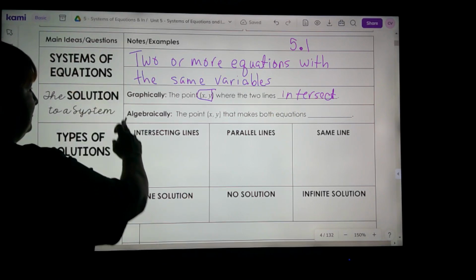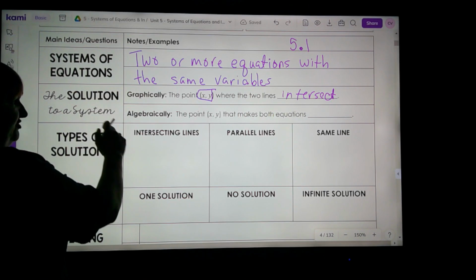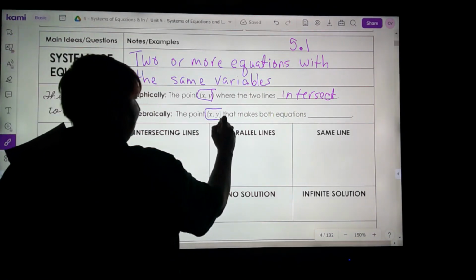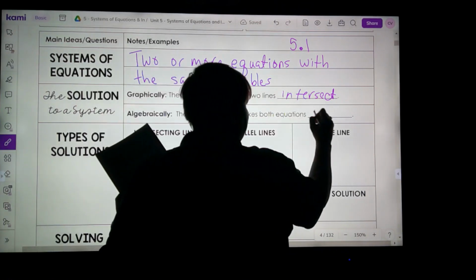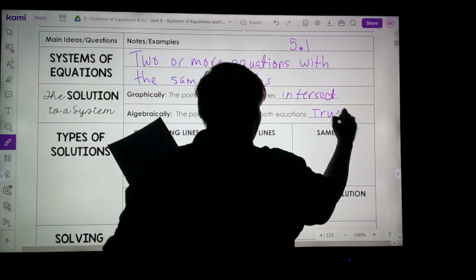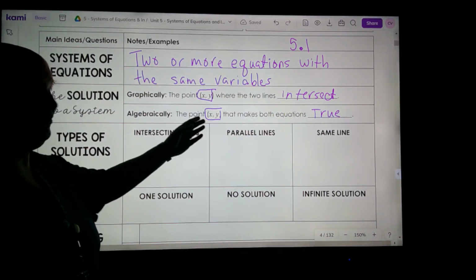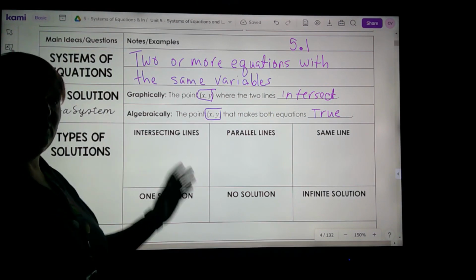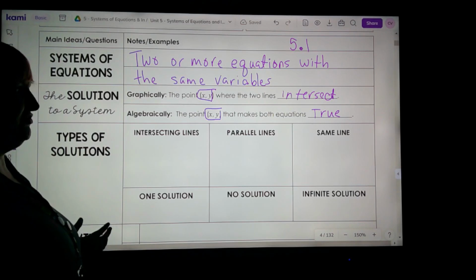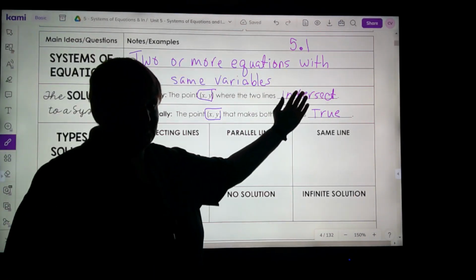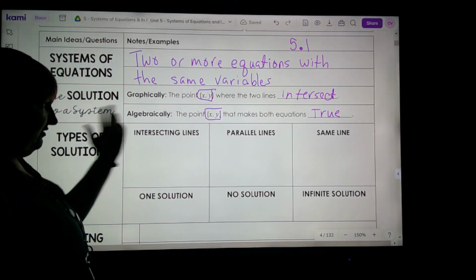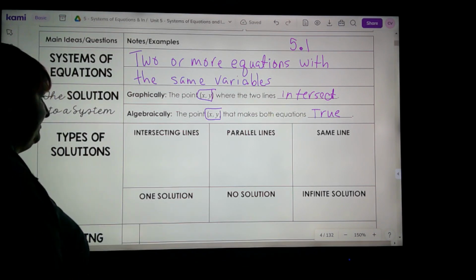Algebraically, the solution is the point that makes both equations true. So you have to have a point that makes both equations true for it to be a solution. That's why they intersect, because it's a point where it's true for both equations, right?